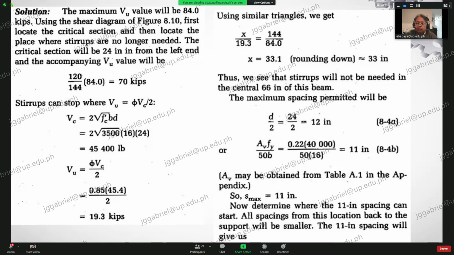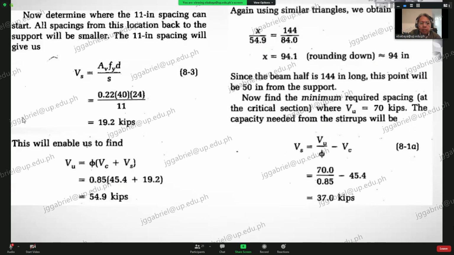Considering the spacing to be 11, the shear force that it will be contributing is computed this way. We use this formula, Av, that's 0.22, fy is 40, and your d is 24.